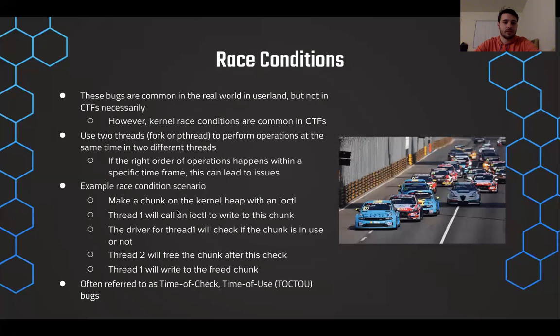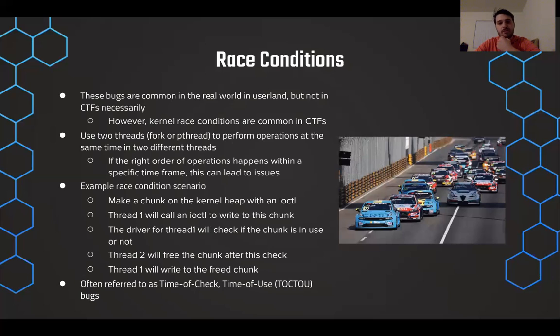So here's an example. Let's say you made a chunk on the kernel heap with an ioctl, or IO control, and then you have two threads. Thread 1 could call the IO control to write to this chunk, and then this driver for the first thread will check if it's in use or not, referring to the heap chunk, like if it's freed or not.